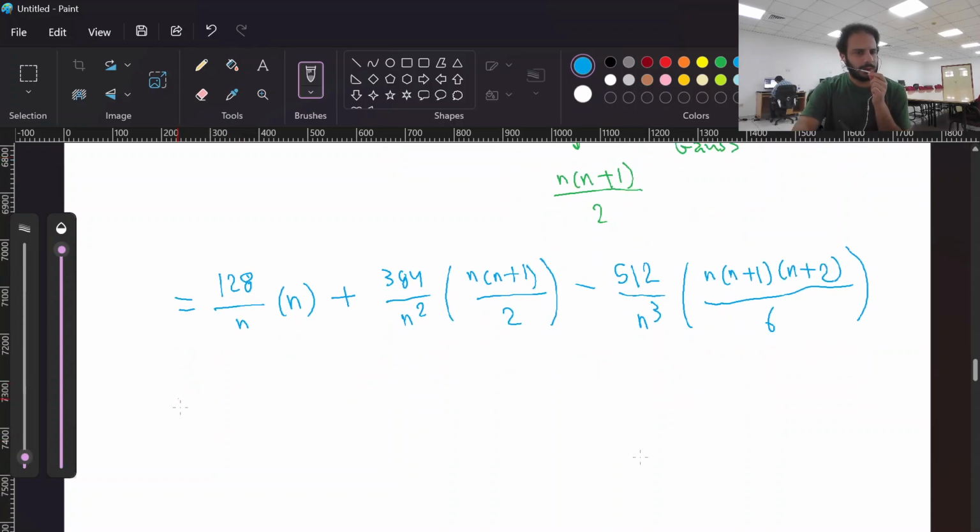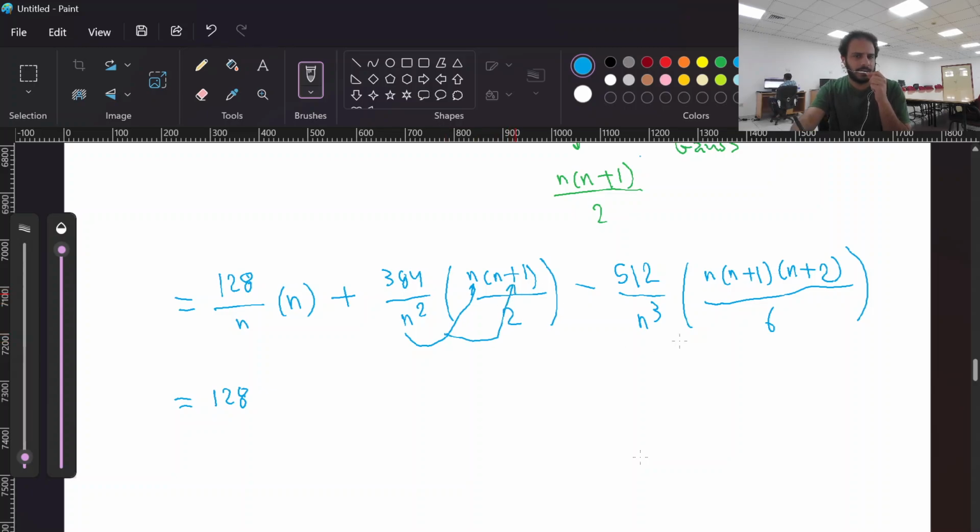First we have 128, just 128, right? Because n cancels with n. Then the second one, what will we do with it? Here you have n times n, and here you have n times n plus 1, right? Give n for each one of them.